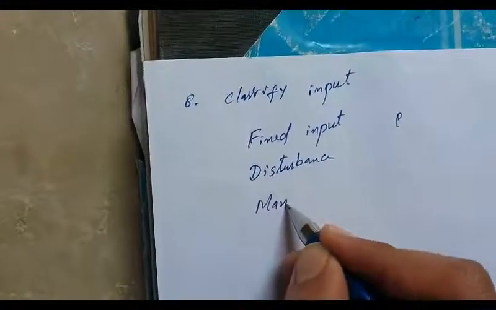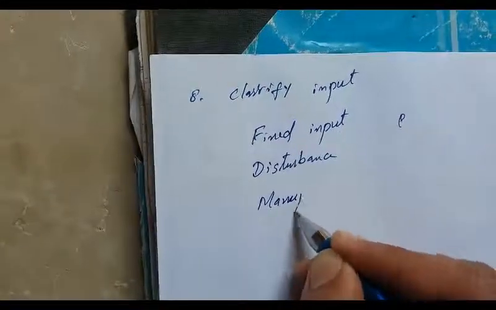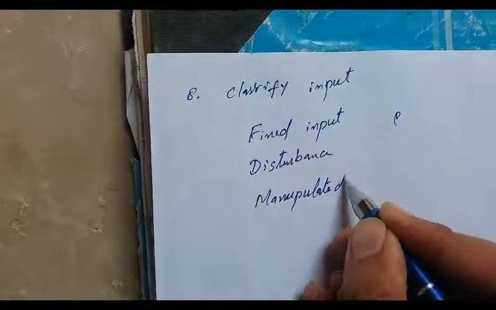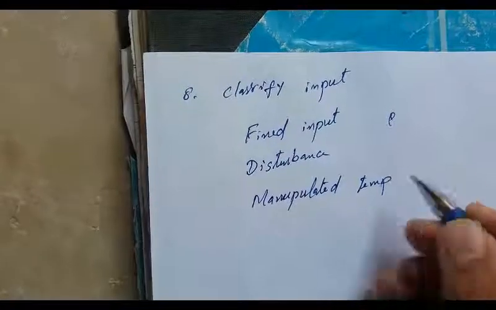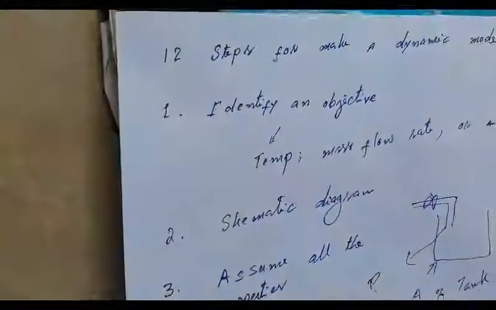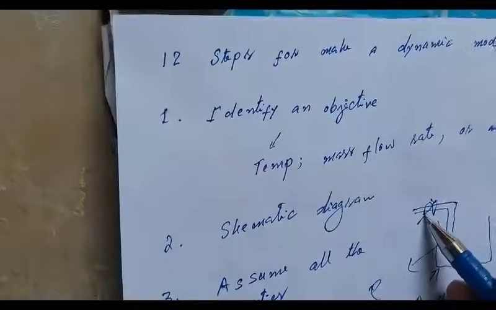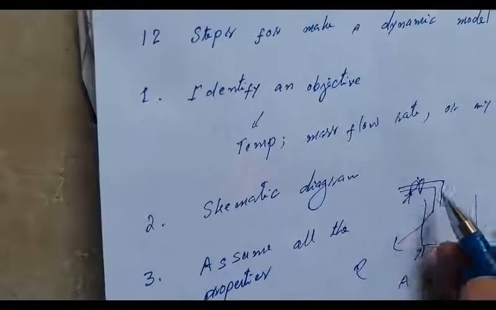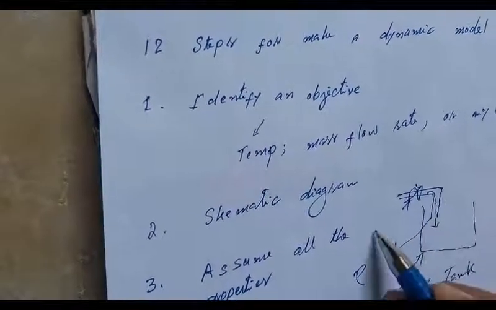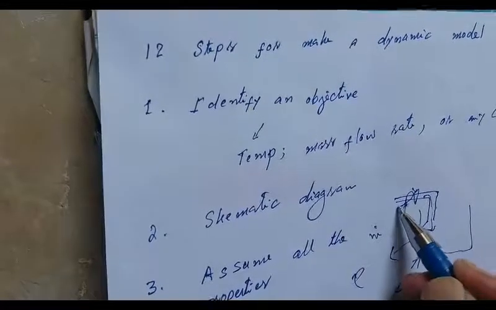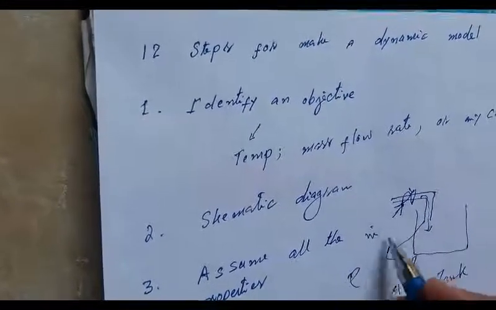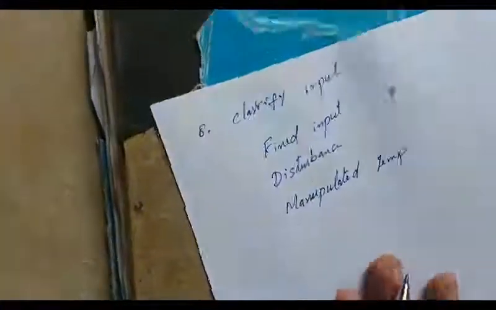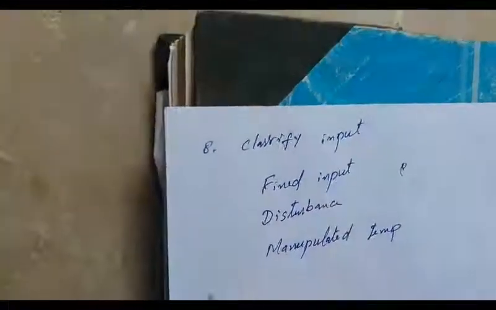And third is the manipulated variable. Manipulated variable means, for instance, here in this example, the valve. We open the valve, then definitely flow rate increases. So this time the mass flow rate, through the valve, we can change. So this can be a manipulated variable.